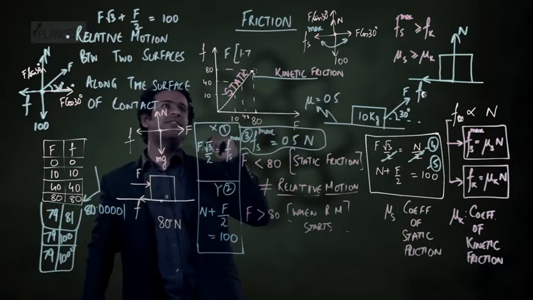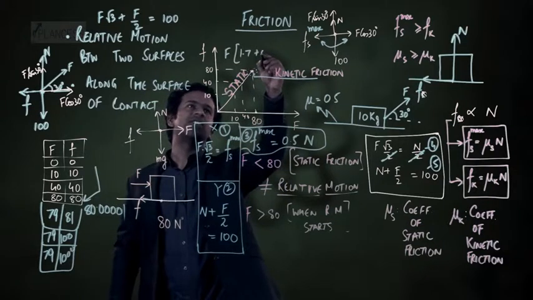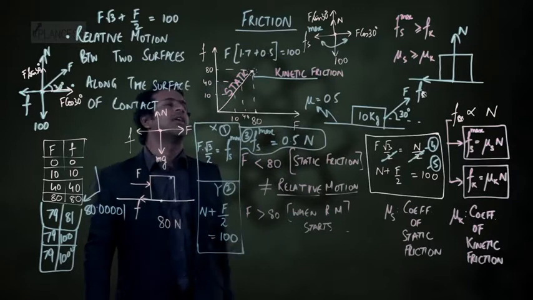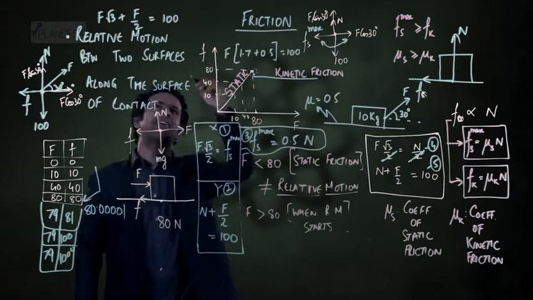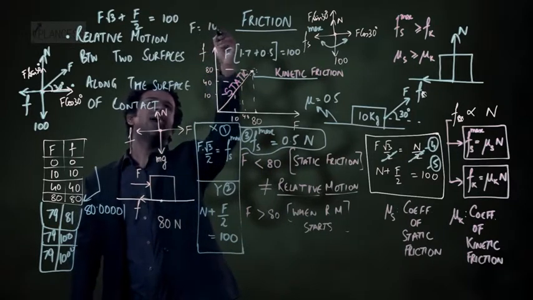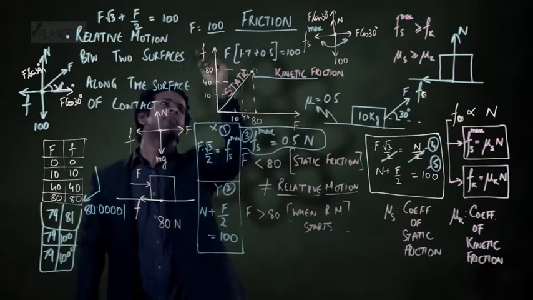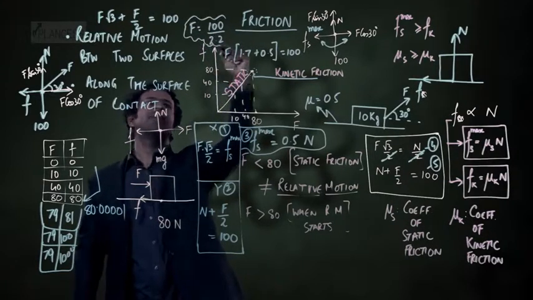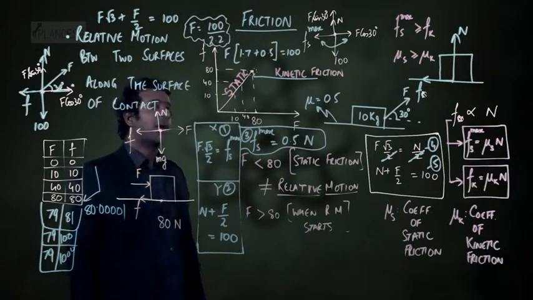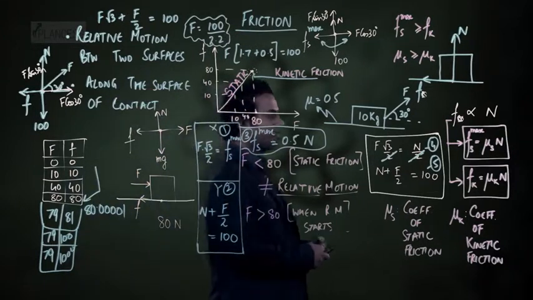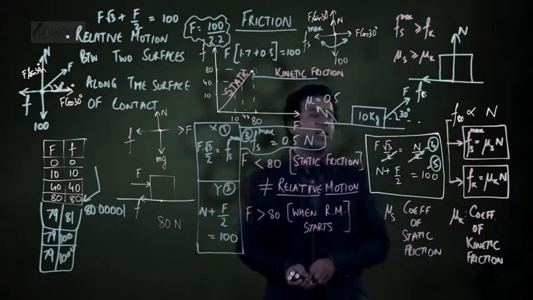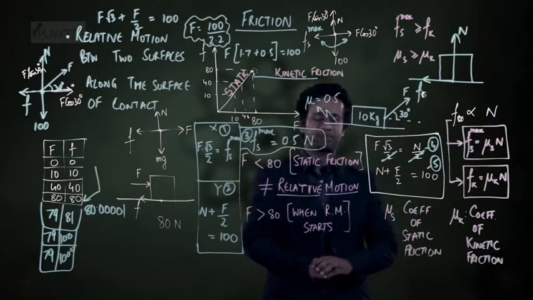So what I'm left with is F times 1.7 plus 0.5 is equal to 100. So this gives you that F is equal to 100 divided by 2.2. You can further simplify this by yourself, but this is the minimum force that is required to start the motion of this block.